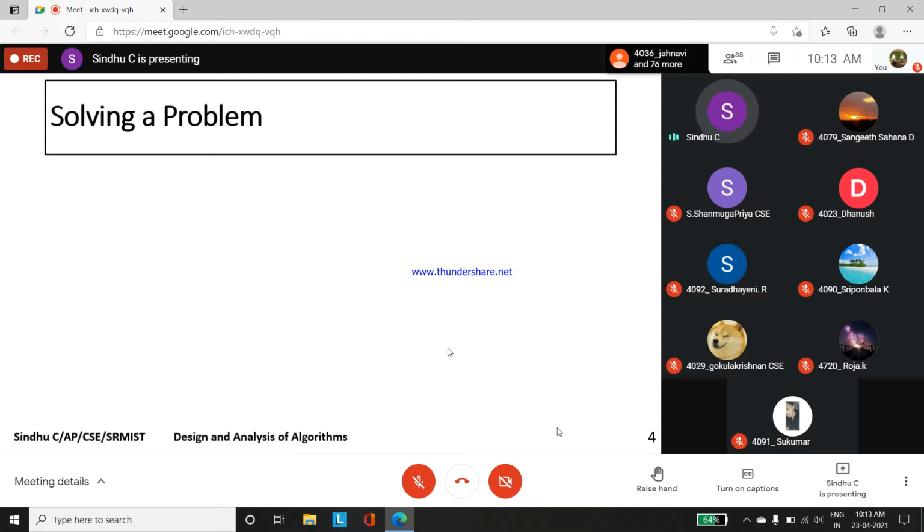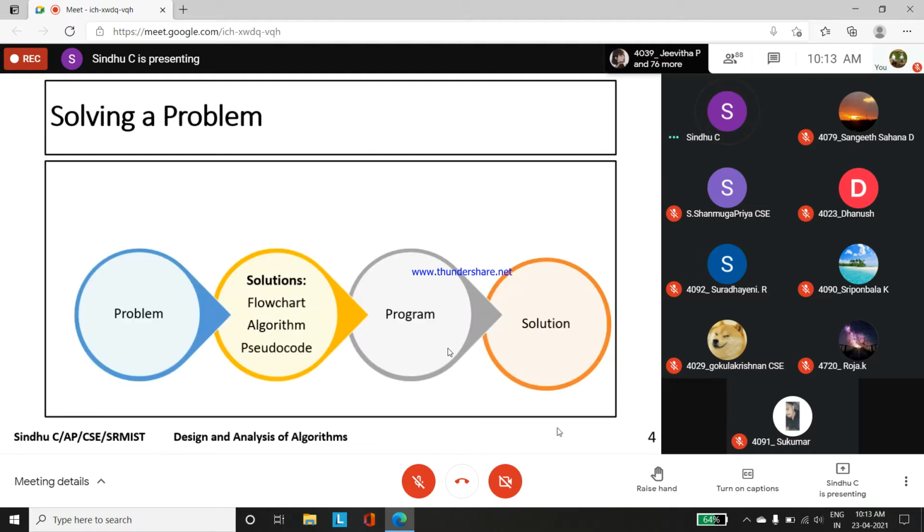As a computer science engineer, before we write a program, we put it in some form. The solution for a problem can be plotted in a diagrammatic representation, be it a flowchart, or sequence steps of instructions, be it an algorithm, or pseudocode, which is in between an algorithm and a programming code.